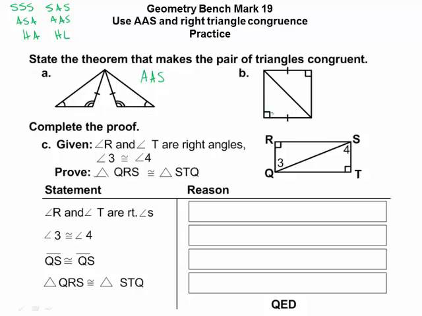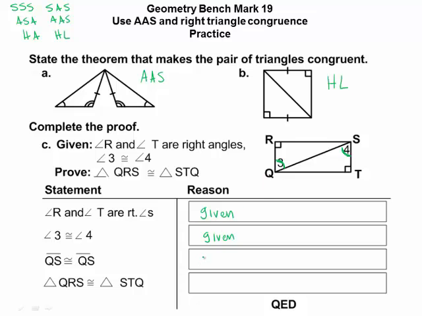Here I have a right angle, so I'm going to check the hypotenuse is being shared. So that's the same length. And then I have another side, which is a leg. So I have hypotenuse, leg. Good? Okay. Here I've got angle R and angle T are right angles, and that's labeled, so that's given. Angle 3 is congruent to angle 4 was given, and so I'm just going to mark that.